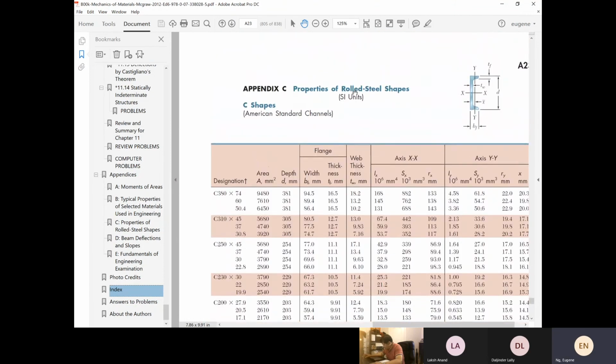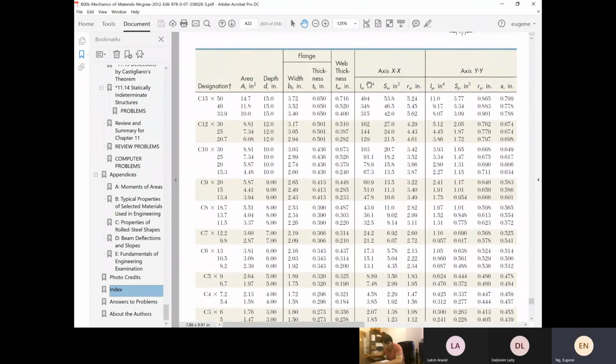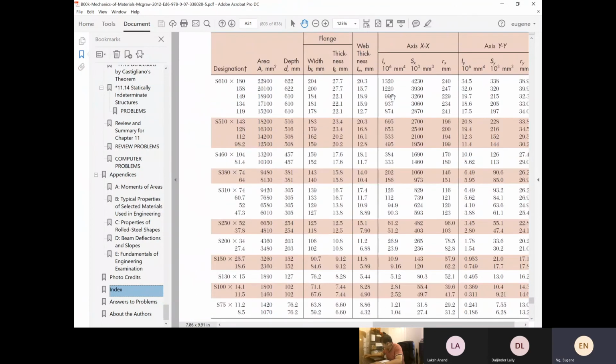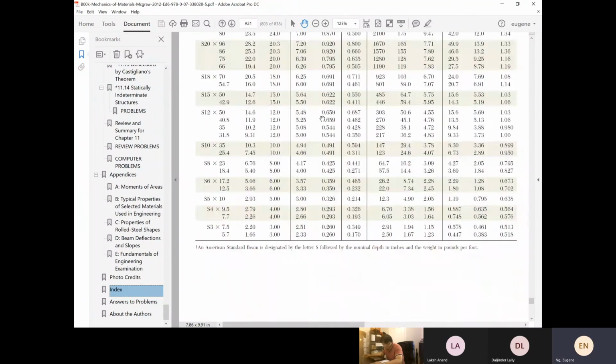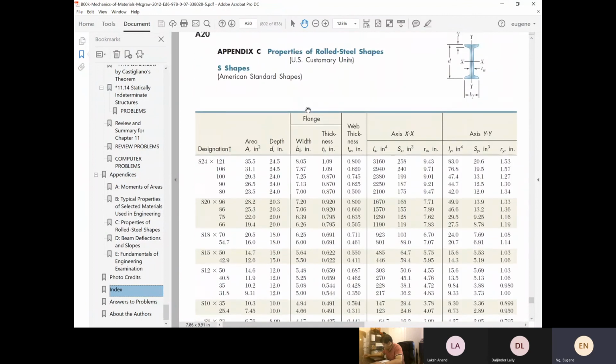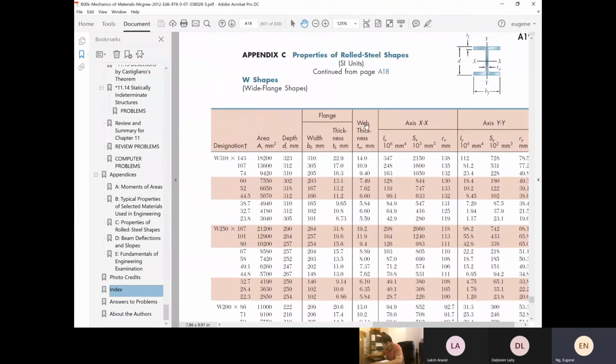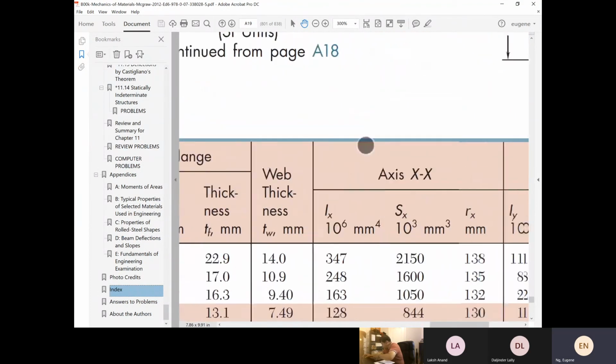So the beam is W, so this is CS. I should have done this earlier, I do apologize. So it's W250. Yep, this is the image that I need.